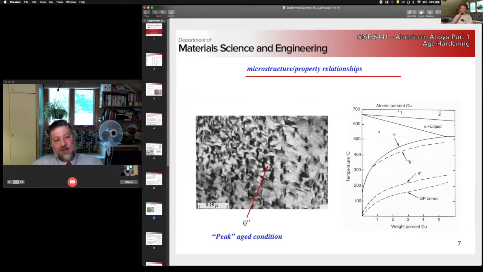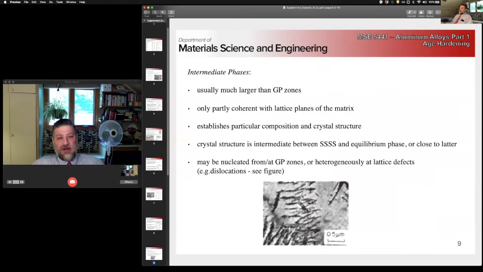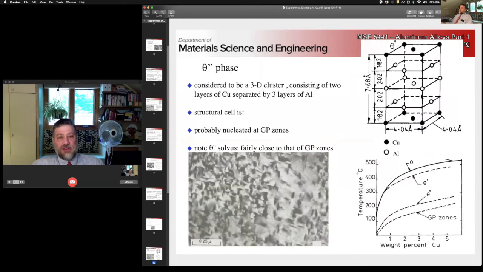We have these other phases, theta double prime, theta prime. Right? What are these other intermediate phases? They look like they're larger than the GP zones, right? The theta double prime phase, this is typically what we want when we're trying to develop strengthening, right? It's a complex, ordered structure here, right?